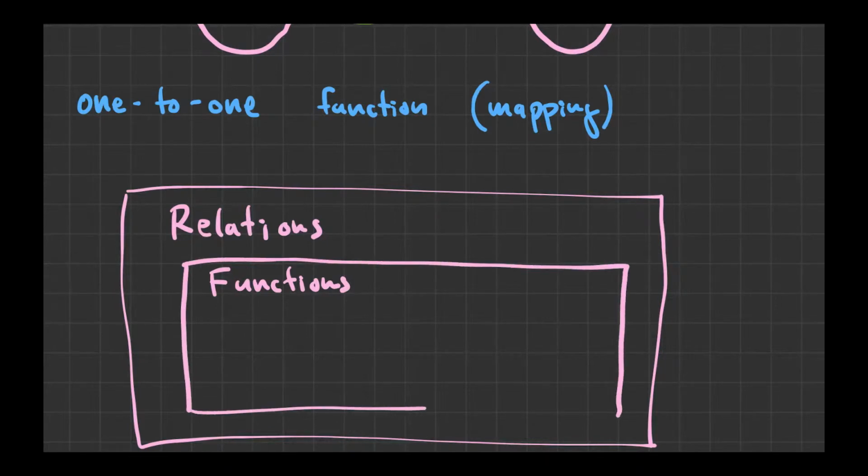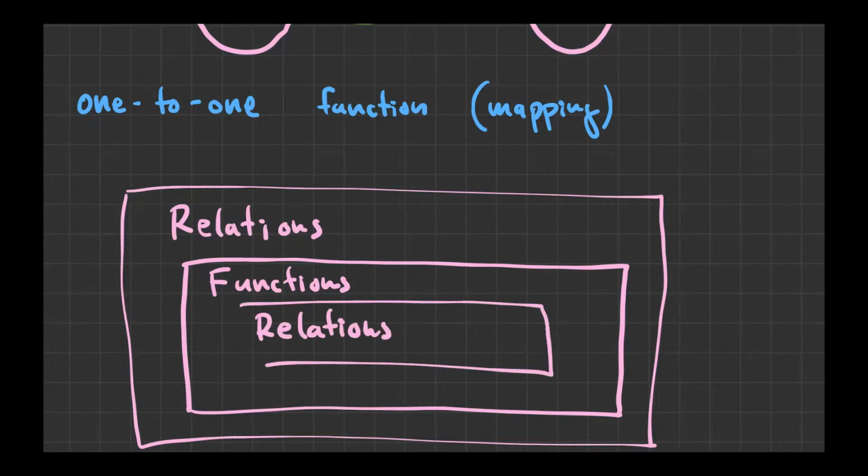And after functions, we have, oh sorry, what am I talking about? What should I have written in there? Yeah, one-to-one functions. And if you want to abbreviate the word functions, this is how you do it. f(n). That means function. We got one-to-one functions.